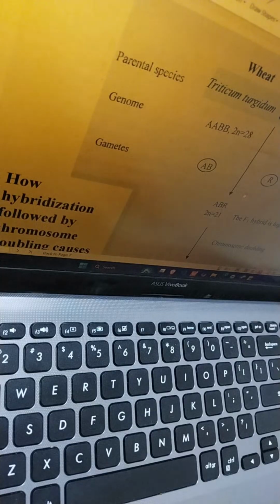Here is an example: Triticum turgidum, wheat, crossed with rye, Secale cereale. Two distant species are hybridized.